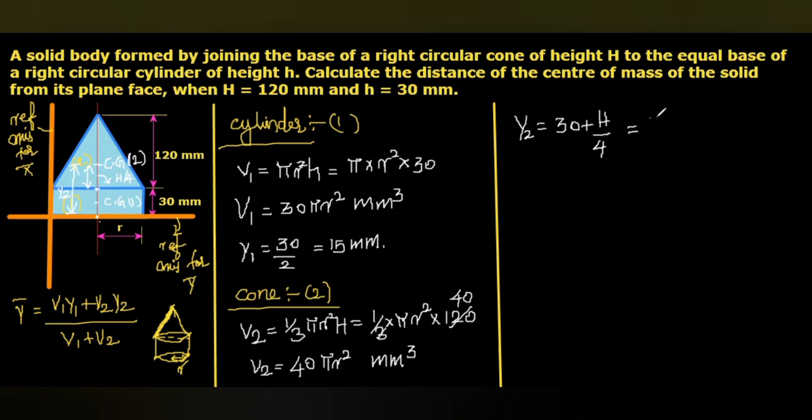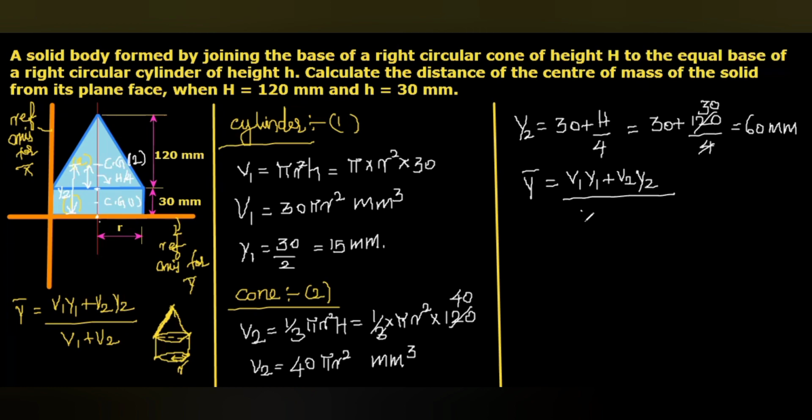And here, 30 plus capital H, that is 120 divided by 4. If you simplify, we will get 30. So 30 plus 30, we will get 60 mm. Now substitute all the values in the Y bar formula. So Y bar equals V1 Y1 plus V2 Y2 divided by V1 plus V2.